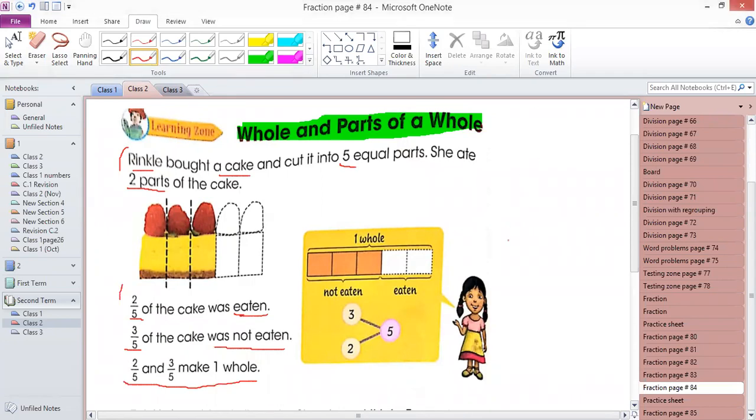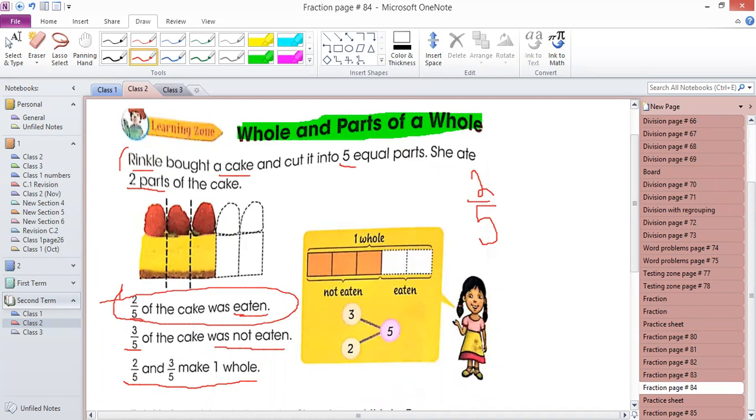She cut it into 5 equal parts and ate 2 parts, so 2 parts out of 5 parts she ate, right? So 2/5 of the cake was eaten by her, because out of 5 parts she ate 2 parts.